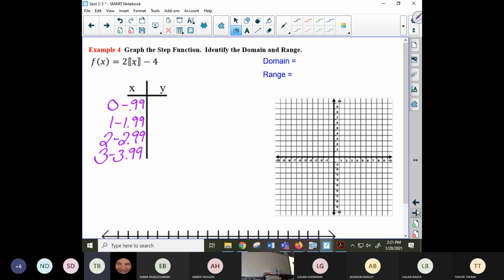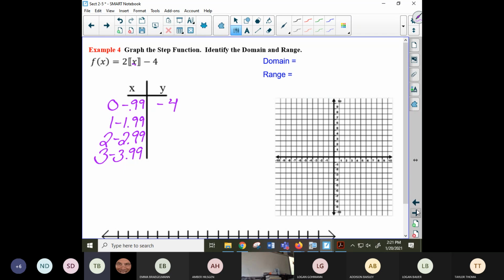So when I make these, I take the whole number and put it up into this equation. If that's already a whole number, the greatest integer less than or equal to 0 is just 0. So 0 times 2 is 0. 0 minus 4 is -4. Do you get that? Okay. Now I'm going to take the whole number 1 and put it in here.